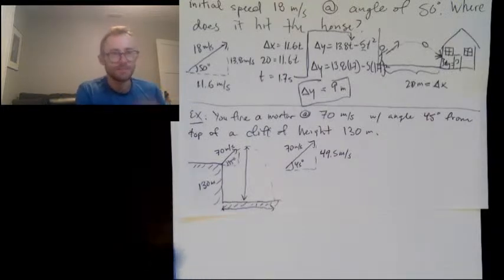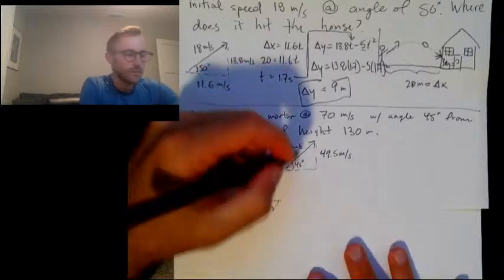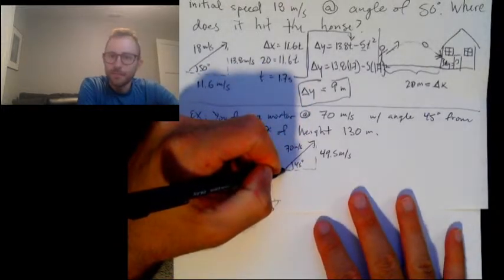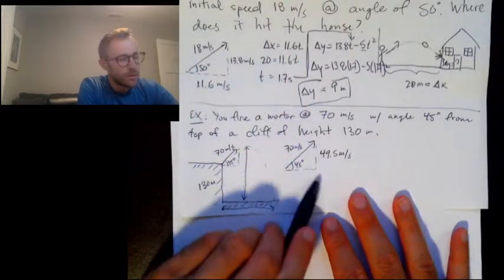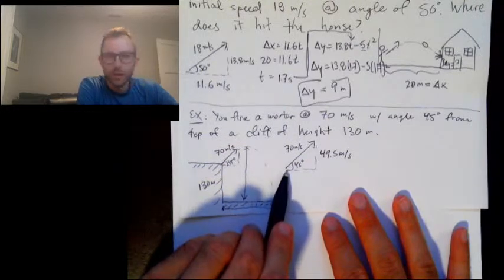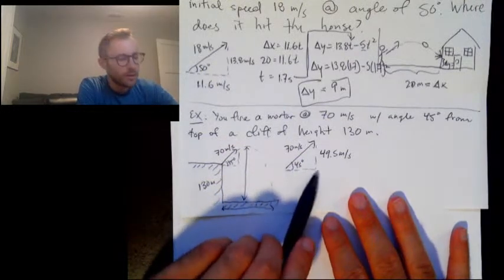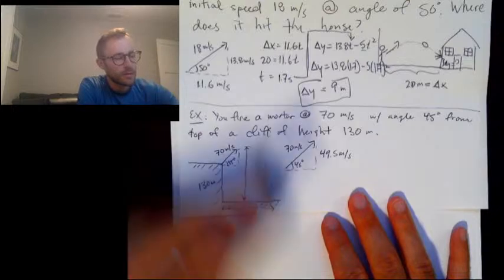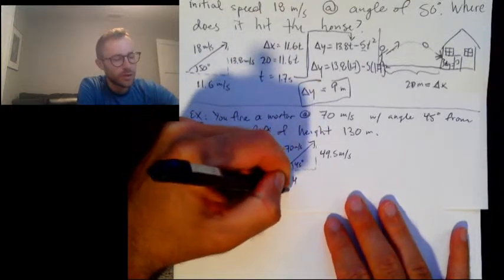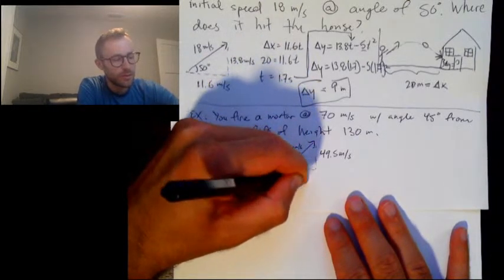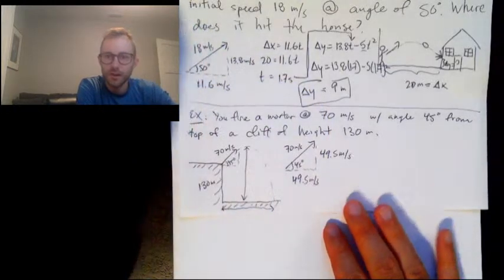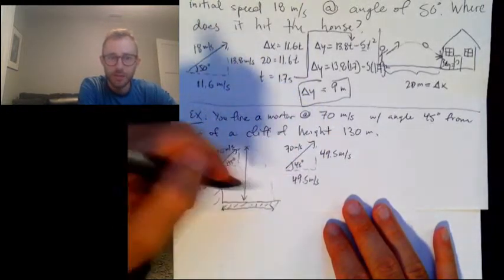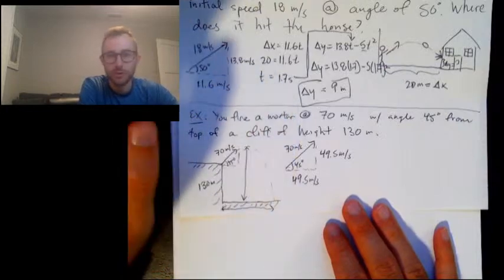And then the horizontal component, 70 cosine 45, is also going to be 49.5 meters per second. I don't even have to type it into the calculator because it was 45 degrees.